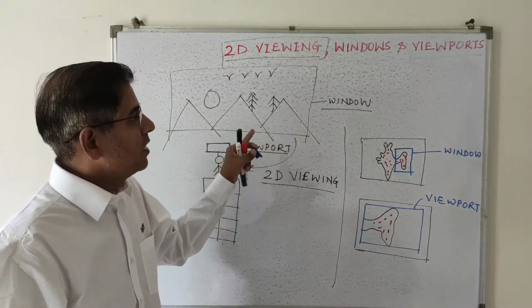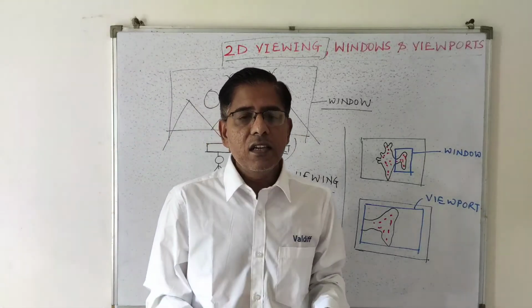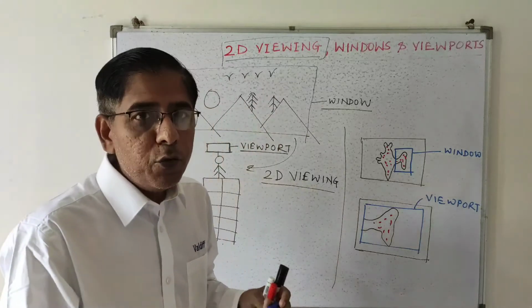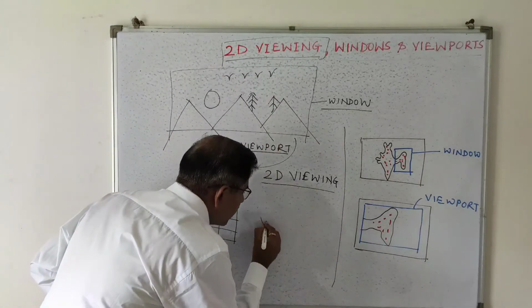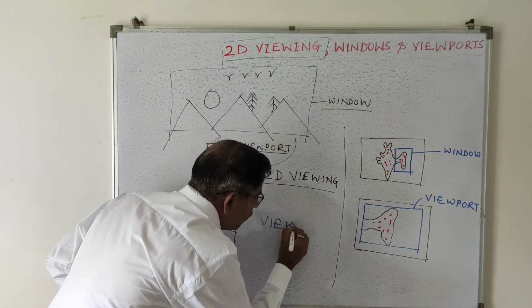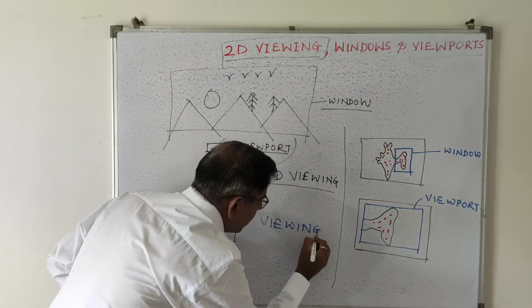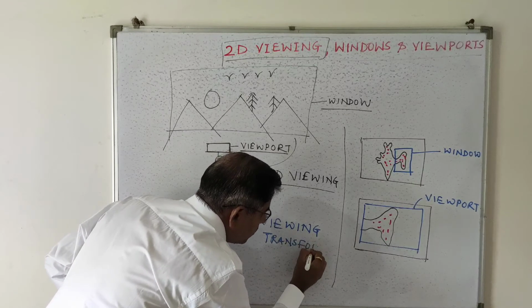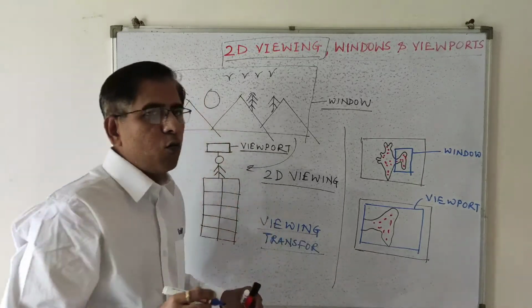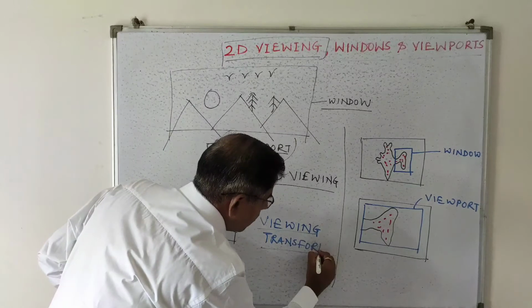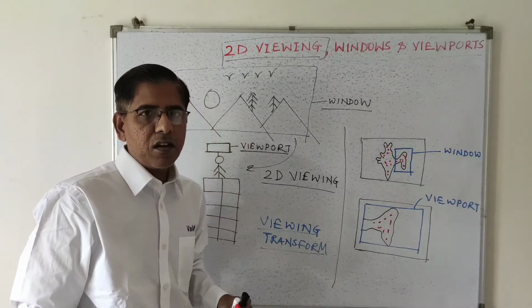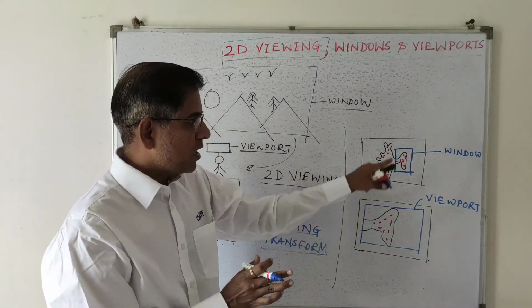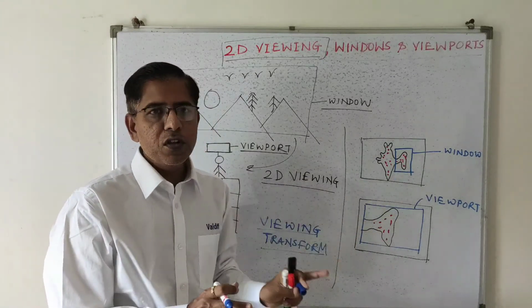And this upscaling and downscaling is captured by a concept called viewing transform. What is viewing transform? That we will see in the coming videos, but this conversion from window to viewport is called viewing transform.